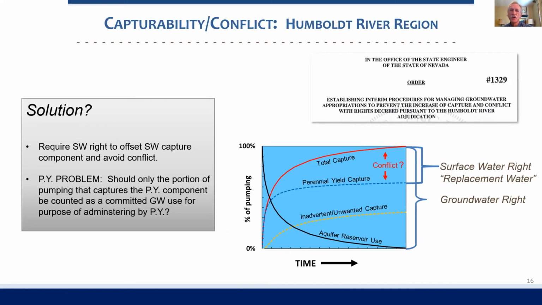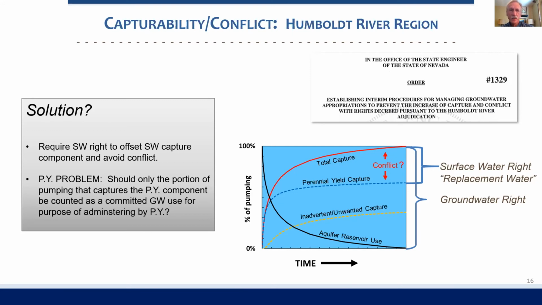So this means we're solving the problem administratively by using a water right to replace the unacceptable capture from groundwater pumping. But there's an interesting question concerning challenges in terms of administering groundwater rights in this area by perennial yield.